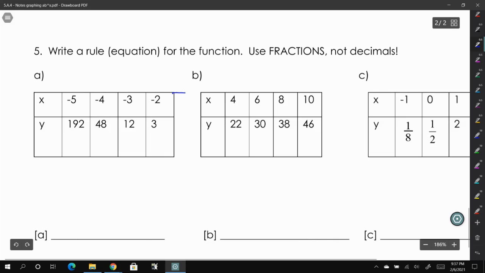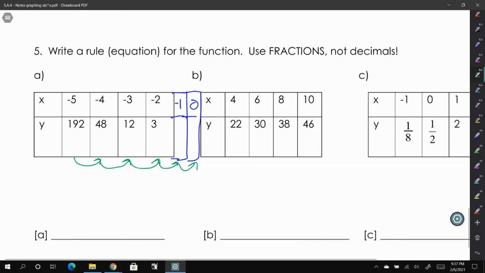So our table needs to be expanded a bit. And if we look at the y values, what's happening here is we're dividing by 4, or multiplying by 1/4. Times 1/4, times 1/4, times 1/4.